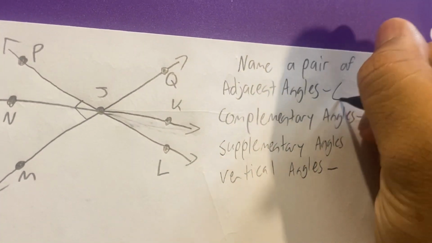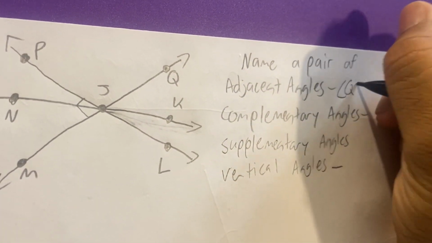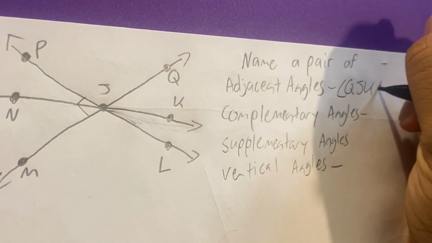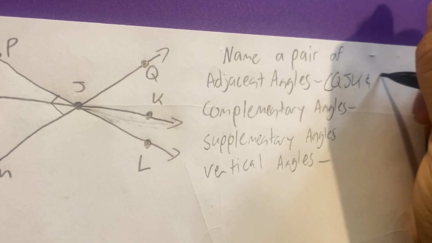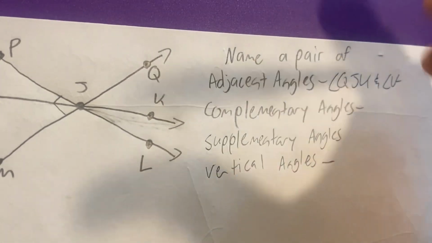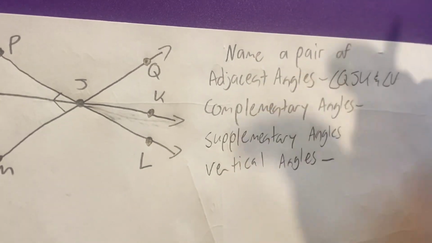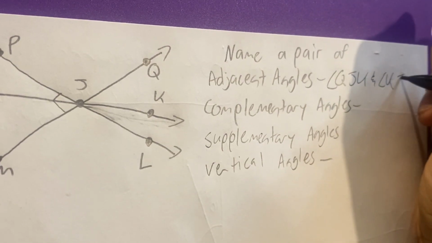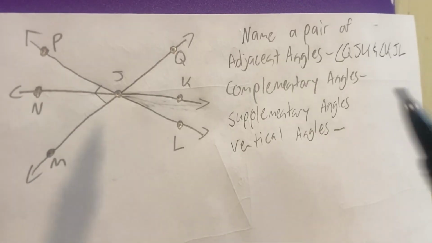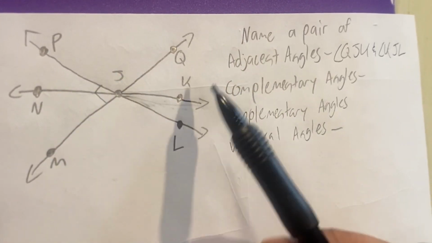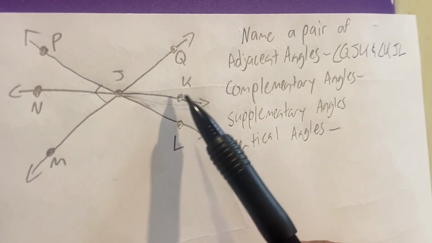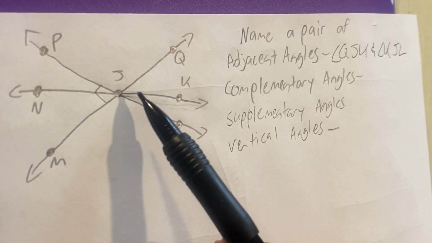So I'm going to put QJK and also KJL. Also, just in case your past teacher hasn't explained it before, I'm not just doing three random letters. I'm not just doing Q, K, Q, J, or whatever.